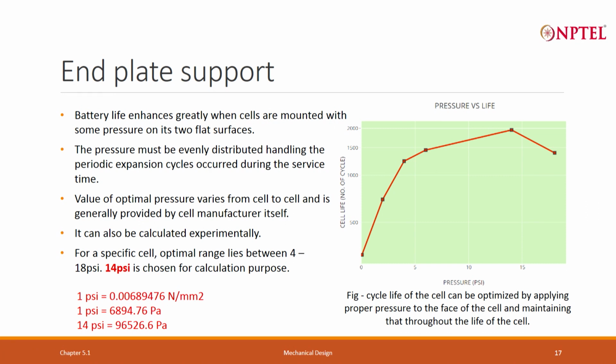Now, sometimes you may not get the information from the supplier or cell manufacturer. What will you do in that case? You have to do a simple long-time experiment. You keep on charging and discharging, put 2 plates, put pressure sensors, keep on changing the pressure, and you see what the life cycle of that cell is.